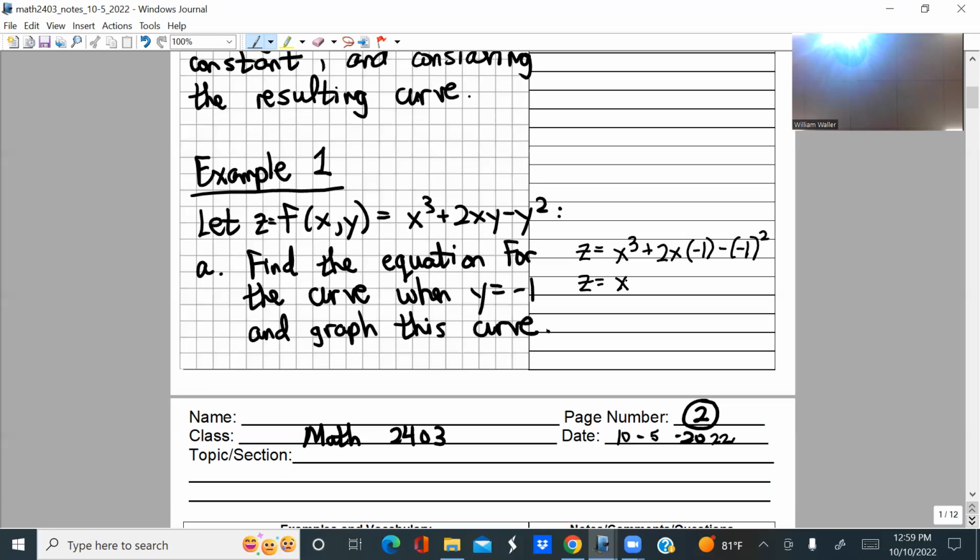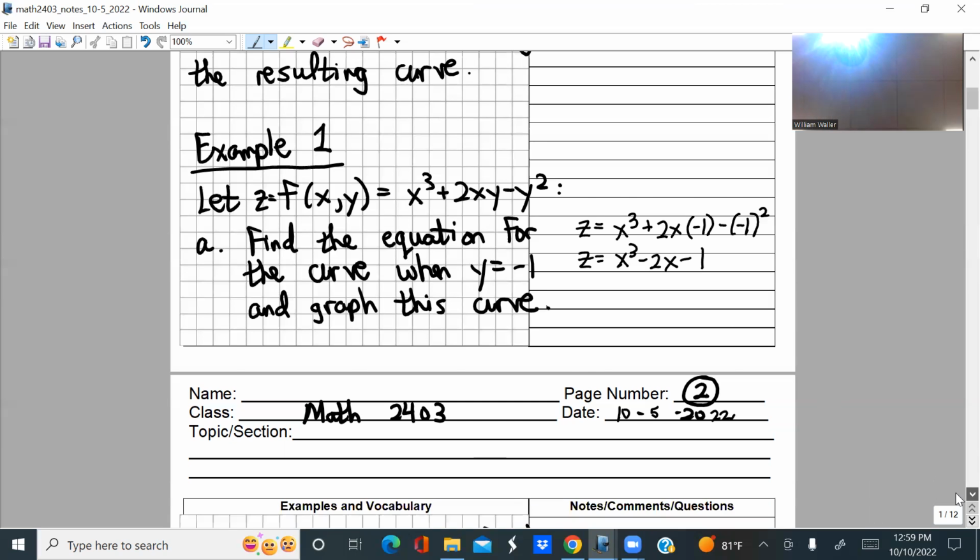So you get z equal x cubed, what is that, -2x -1. Is that right? Yeah. So you get this curve, z equal x cubed minus 2x minus 1. So notice that's a function of two variables, z and x. And so when you graph that, you're going to get a curve.